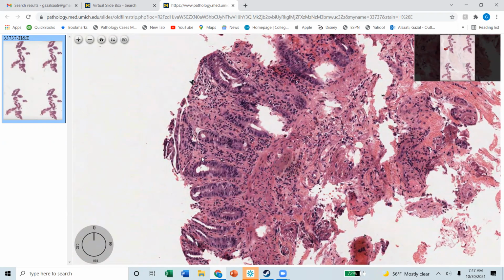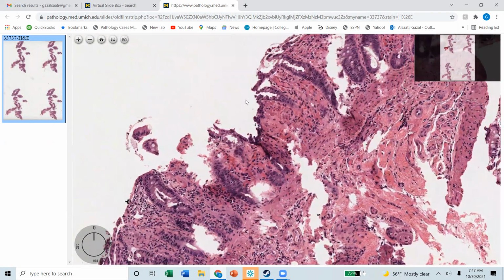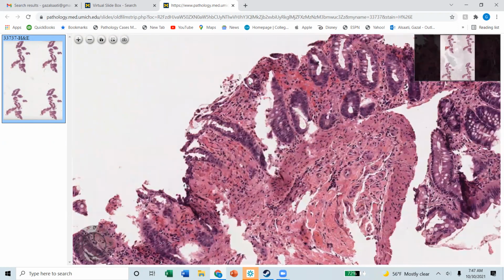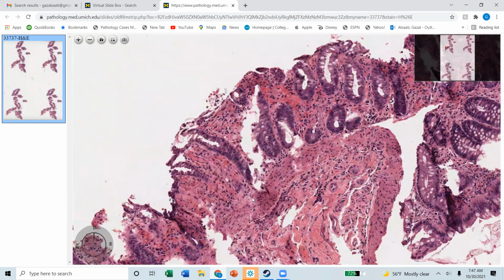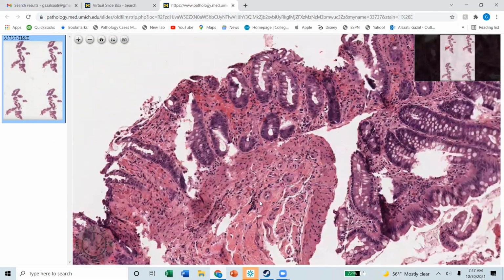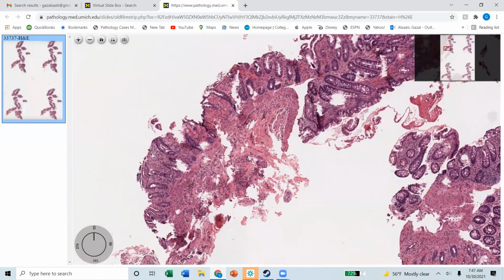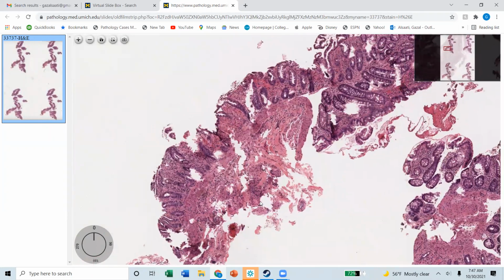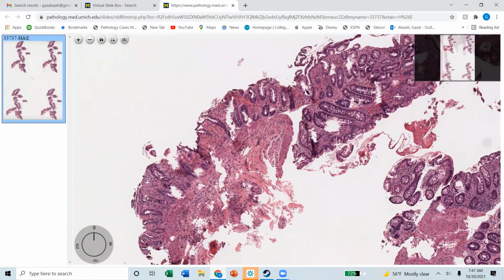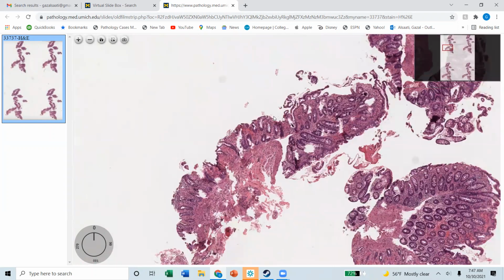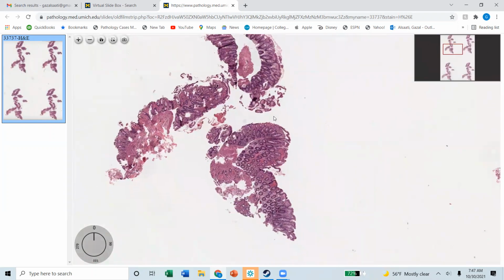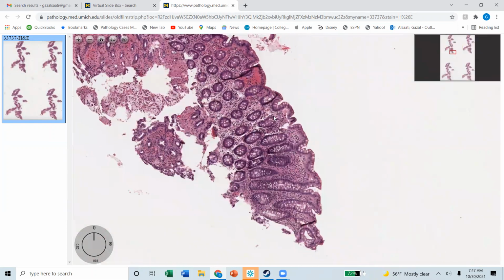You will have the surface epithelium denuded, and your lamina propria is hyalinized with pink material. Lots of friends of mine actually do an amyloid stain. If it is classic like this, I won't. However, sometimes it's very subtle and you have pink material all over the place, and I would do an amyloid stain there. The rest of my pieces are normal.